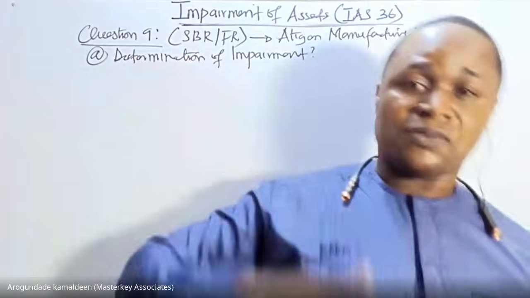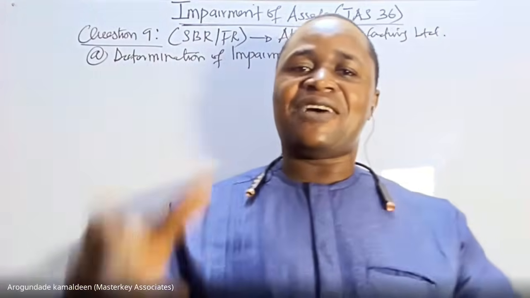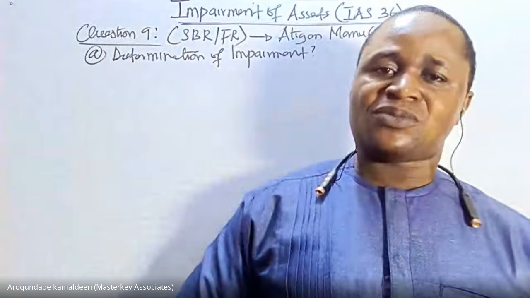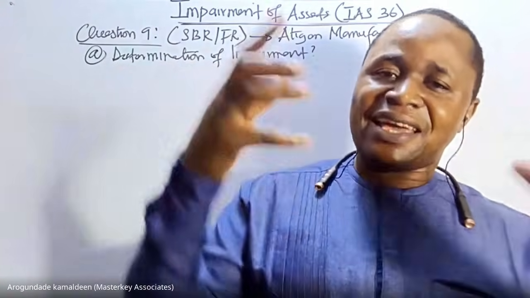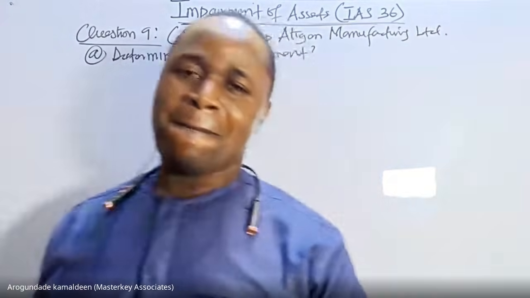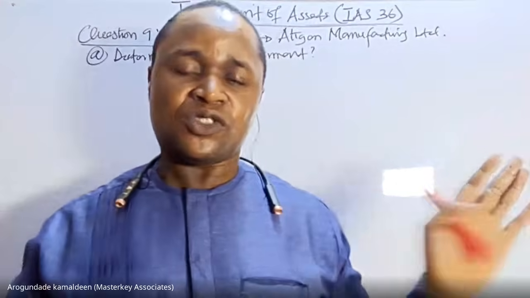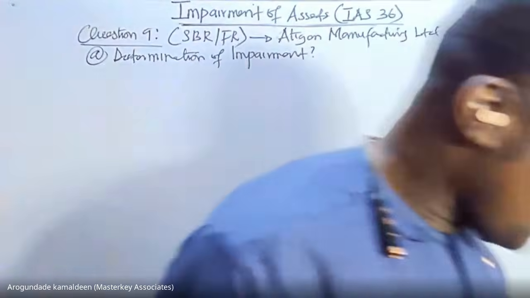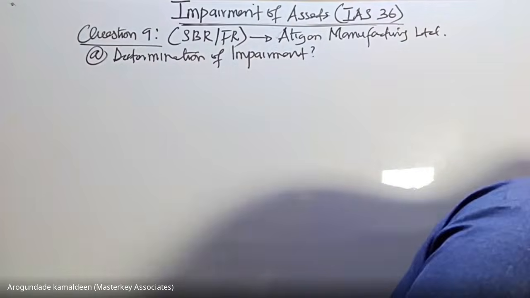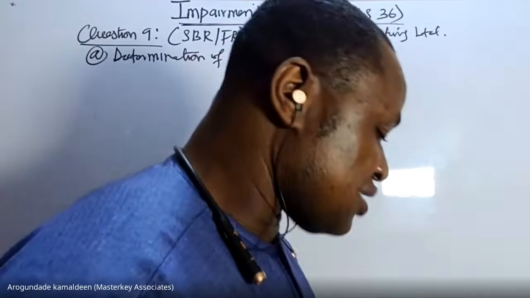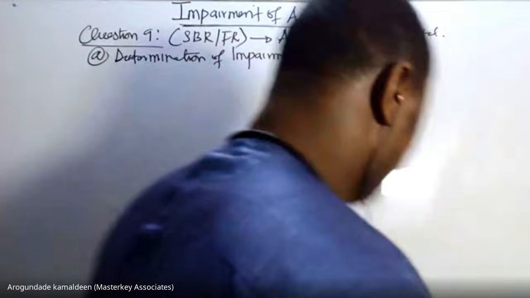However, it can become three. How? The recoverable value is going to be the higher of the fair value less costs of sale, and value in use. I don't think we have any of this here. So let us now first determine the carrying value.